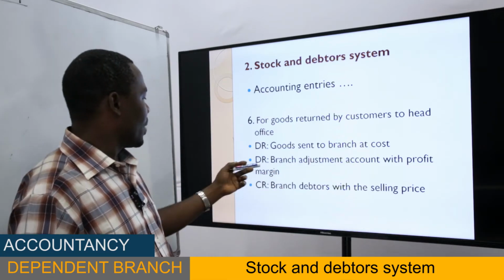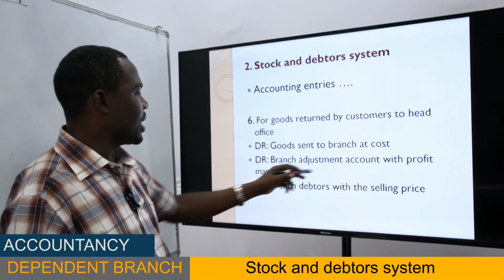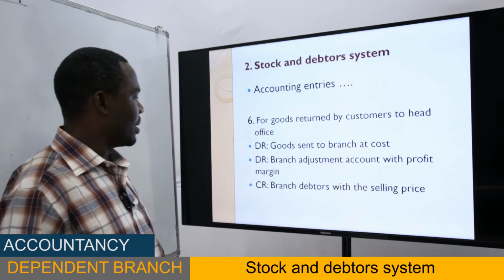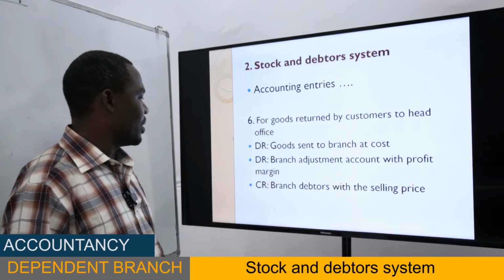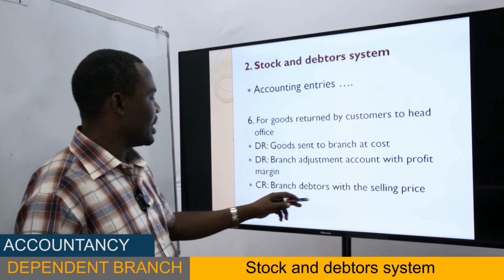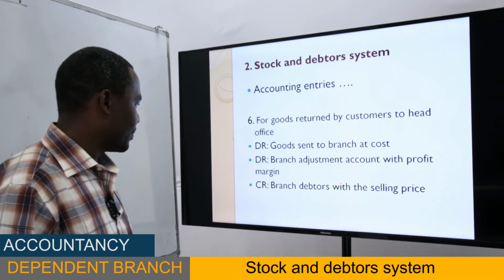But again, we are going to adjust this entry to the branch adjustment with the profit loaded. And this transaction will be credited to the branch debtors at selling price.